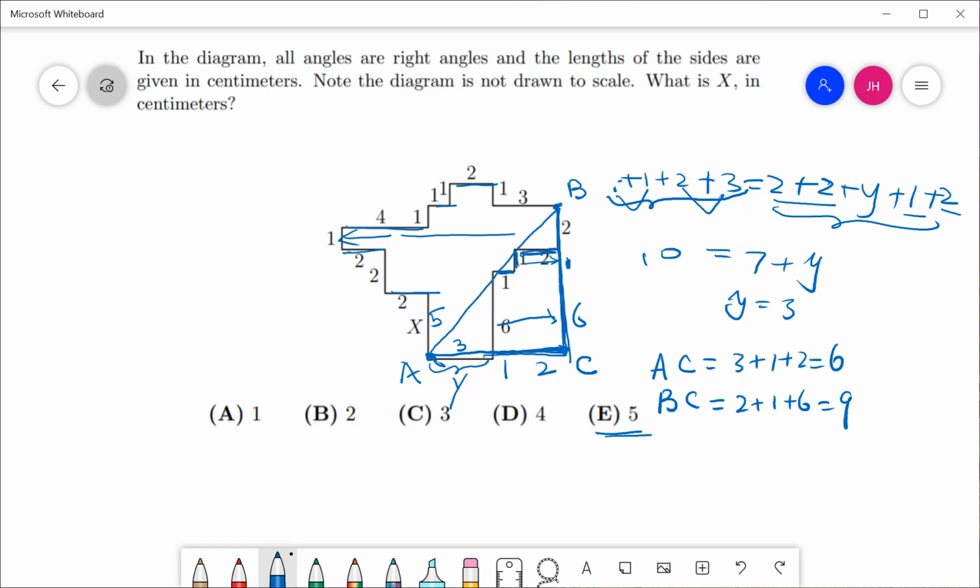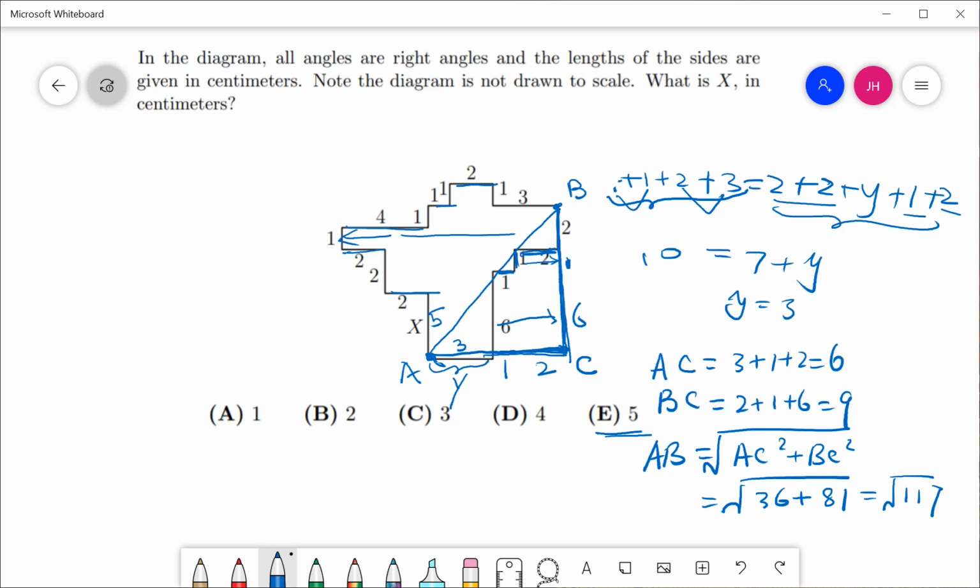Then the distance of AB will equal the square root of AC squared plus BC squared, equal to 36 plus 81, equal to square root of 117.